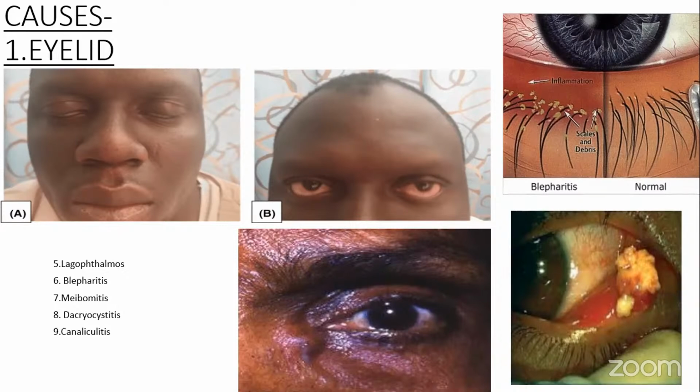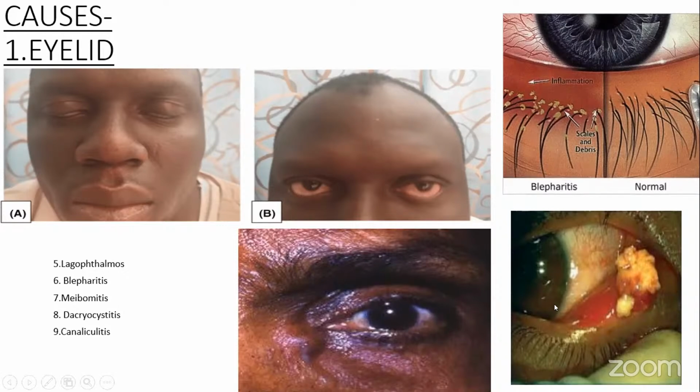But in some individuals, there can be anomalies with it, such that the drainage of the tears is poor. When the drainage is poor, there can be collection in this position as illustrated. And that one, we call it a dacryocystitis. So once you have it going on for a long time, it can also make the eye red.